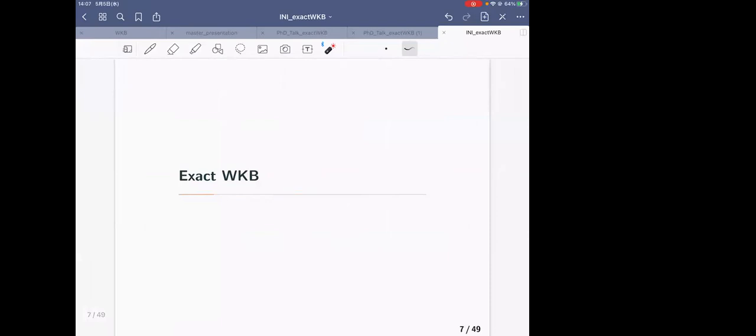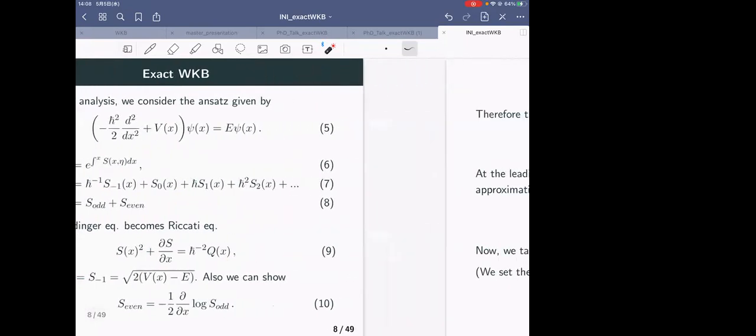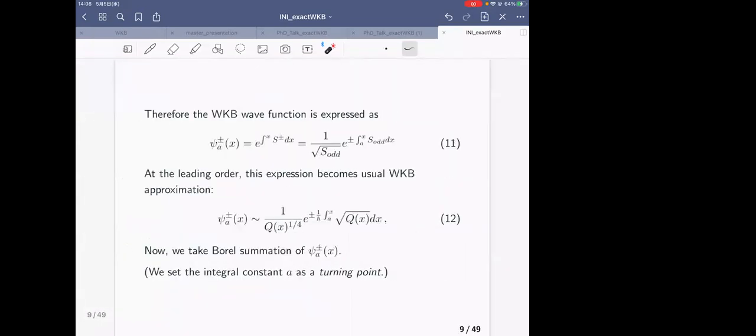First, I quickly review the Exact-WKB. I think the audience is already familiar with this one, but just briefly, consider this Schrödinger equation and consider this ansatz to solve this equation. And then the Schrödinger equation becomes the Riccati equation. So using this expansion, we can express our WKB wave function like this using S_odd.